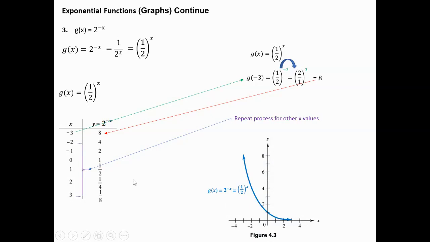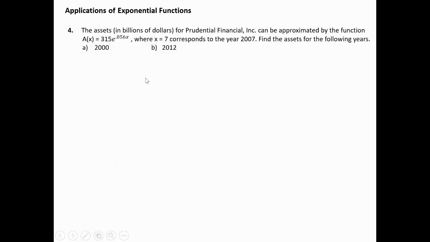When it's 2, it's going to be 1/4. When it's 3, it's going to be 1/8, and so forth. So this is a graph of g of x equals 2 to a negative x. This is called a decay problem or exponential decrease.